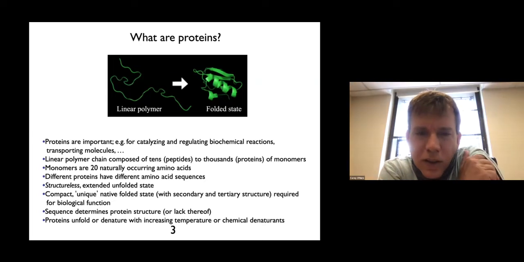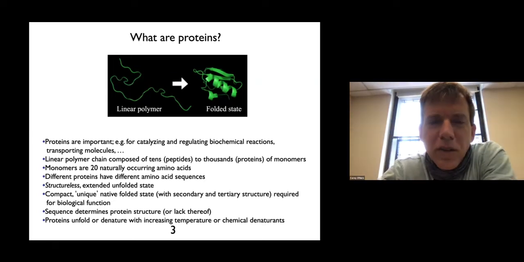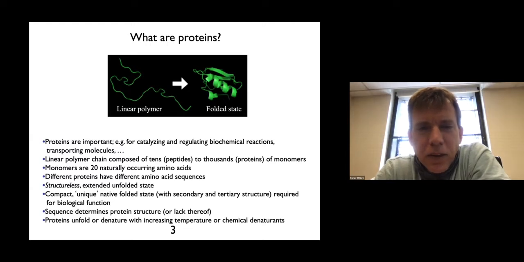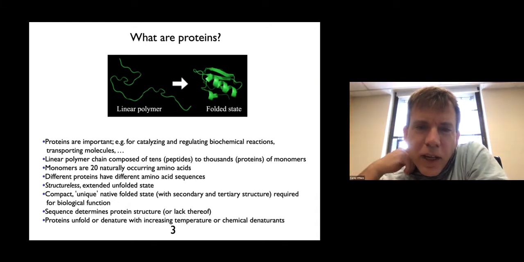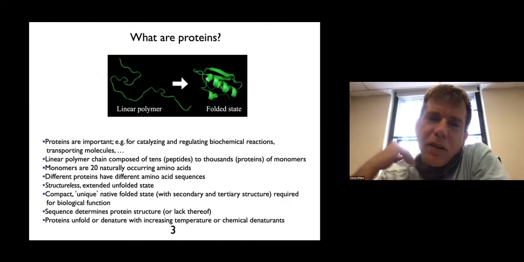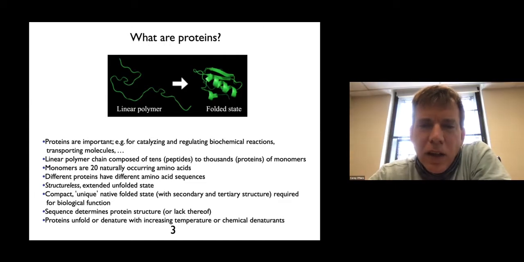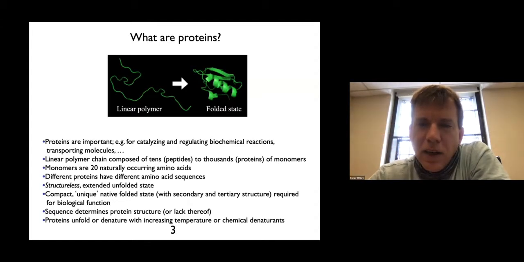Just a first cartoon of what proteins are. Proteins are examples of biological polymers. A polymer is a string of monomers that are linked together via chemical bonds. The interesting thing about polymers is they can have many different types of structures.